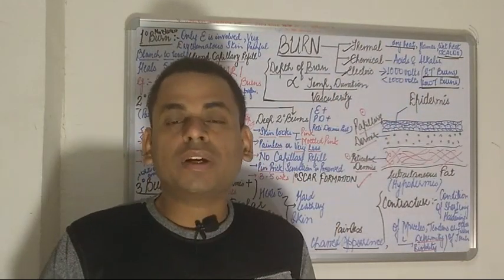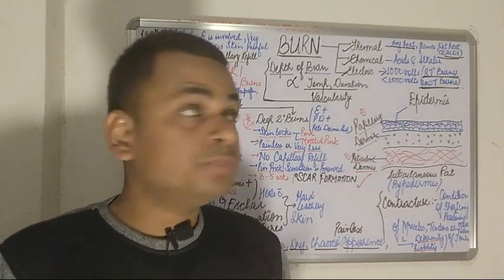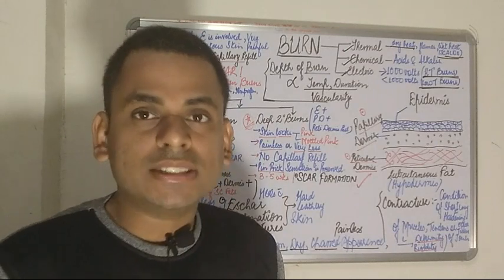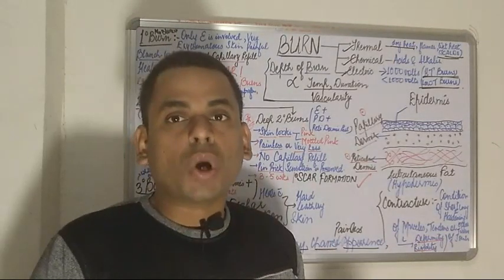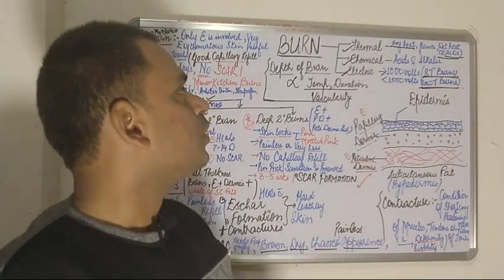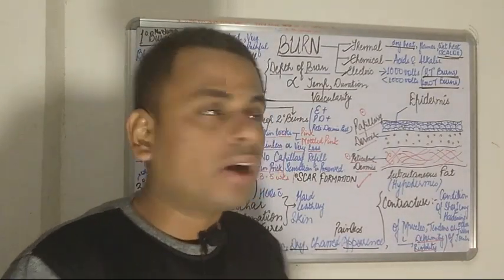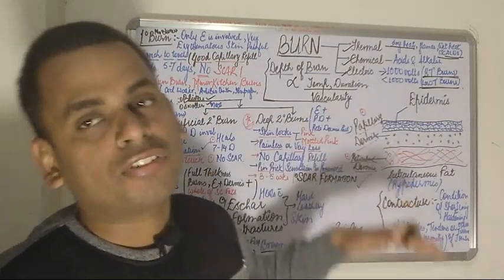Another kind of burn that can be seen is due to radiation. There are various kinds of harmful radiations from the sun which can cause radiation burns. So students, the main topic I'll be emphasizing is the depth of the burns.